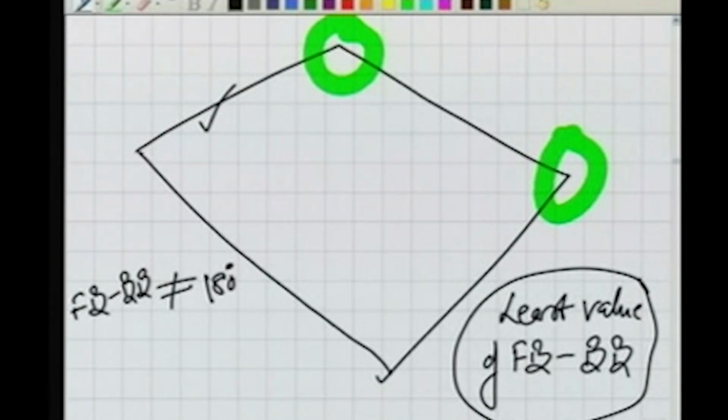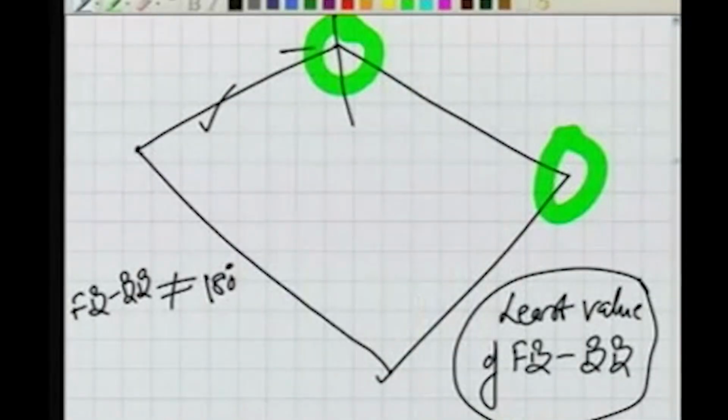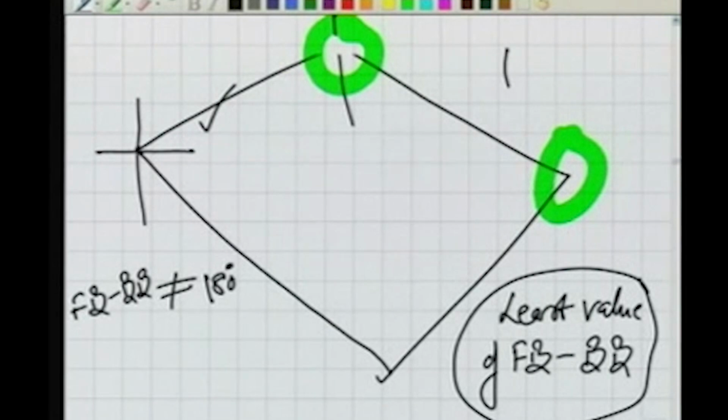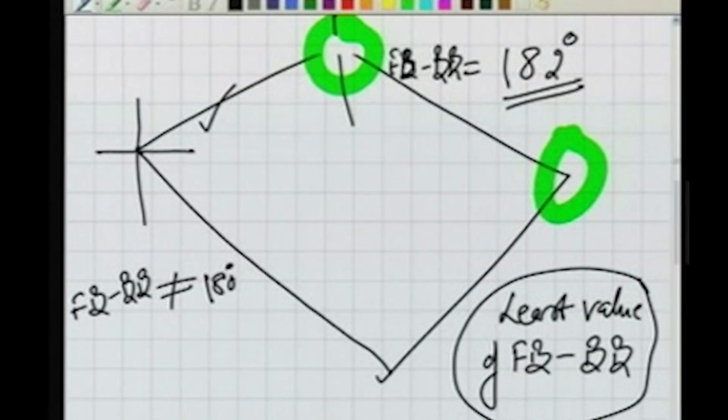So we start applying correction from this line. If it is least for this, and the difference in back bearing and fore bearing in this case is 182 degrees, fore bearing minus back bearing. If it is 182 for this line, and this is the least, others are some more.